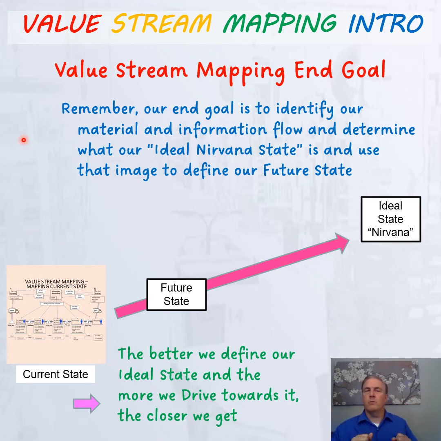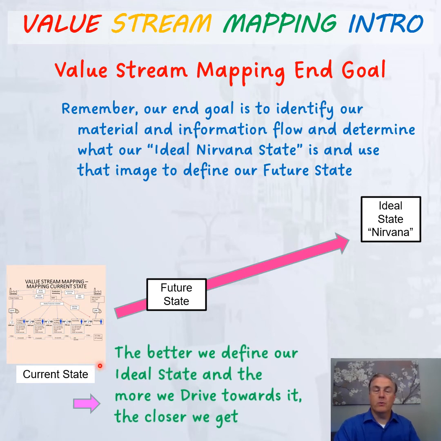If you really want to make huge, massive action improvement changes, what you've got to be able to do is look and say, okay, if I was going to design this process from the beginning, how would I do it? What would my ideal material flow be? What would our ideal information flow be? And then what you've got to do is say, how do I drive towards that end state? Okay.